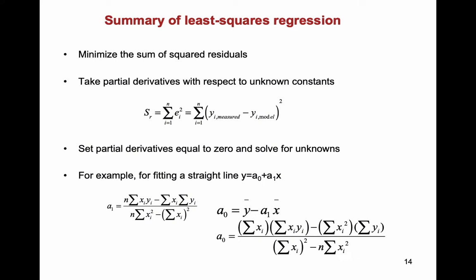So in summary, what we do is we take a model. In this case, we took a linear model. We took the measured data and the difference between the measured data and the model and took a square of that. And our model is trying to minimize the sum of squared residuals.